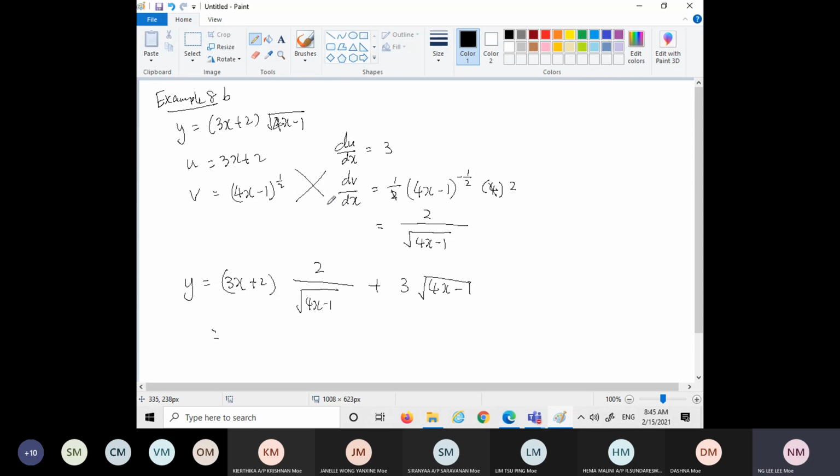They do it in this way. They want to get the common denominator. Here the denominator is square root of 4x minus 1. So you can times square root of 4x minus 1 for the denominator and numerator. So they have a common denominator now, 4x minus 1.